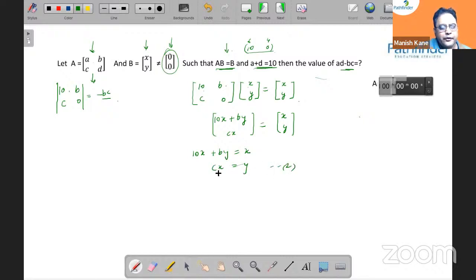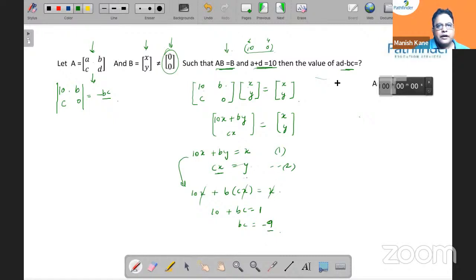I'll put the value of y from 2 in 1. What do I get? I just rewrite 10x plus b, instead of y, I can write cx is equal to x. Now this x will cancel. So I'll get 10 plus bc is equal to 1, which means bc is equal to minus 9.